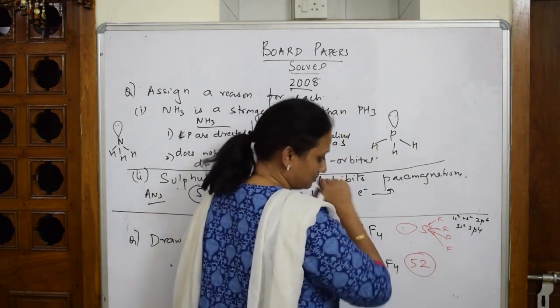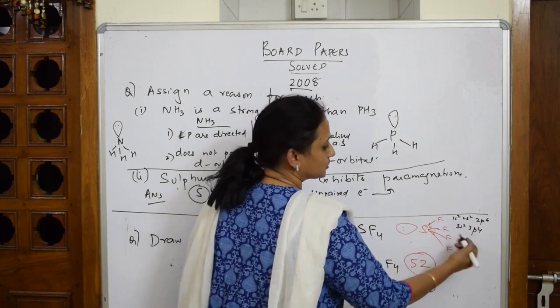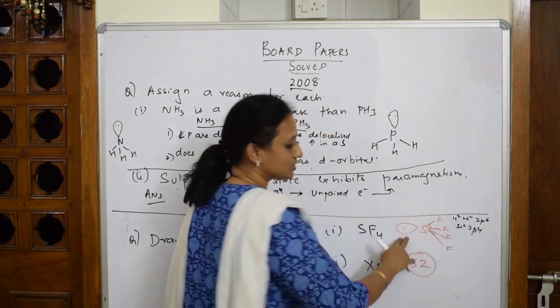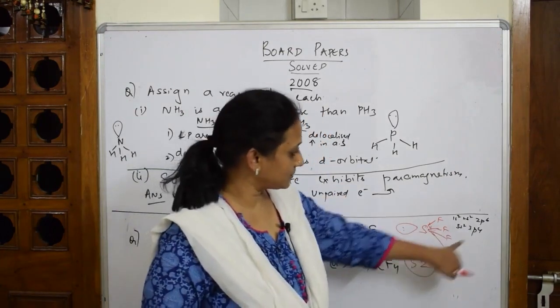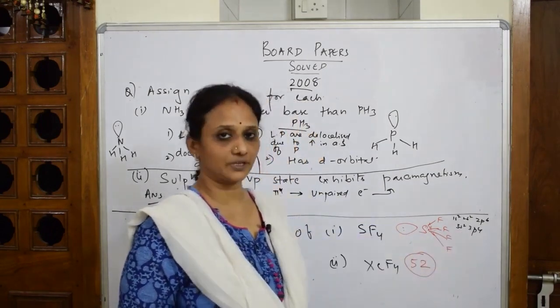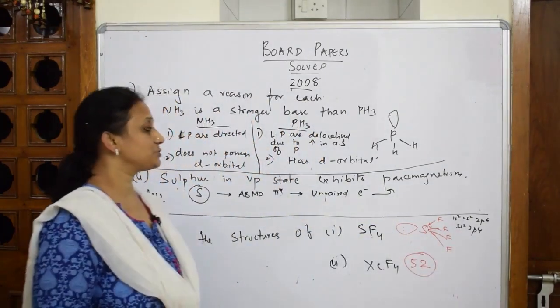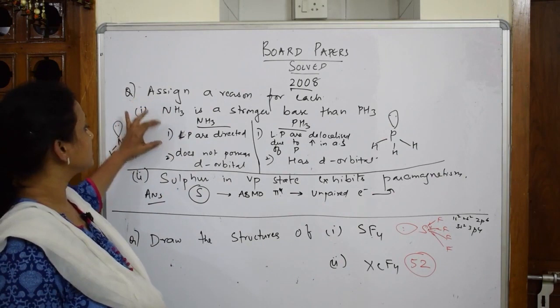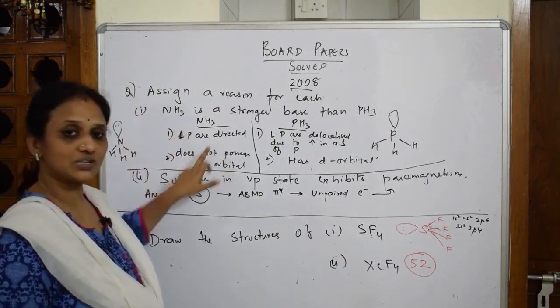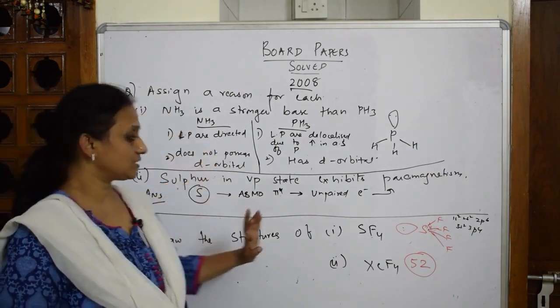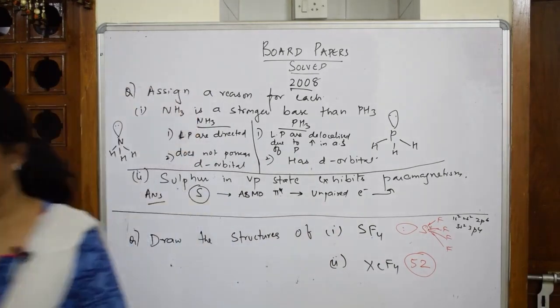Done. So this is shared and the leftover is shown as the lone pair. Let's see here, 4 and 2. Done. So this is your 2008 paper. Try to write the reason clearly. The keywords are important. Then writing or drawing the structures is important.